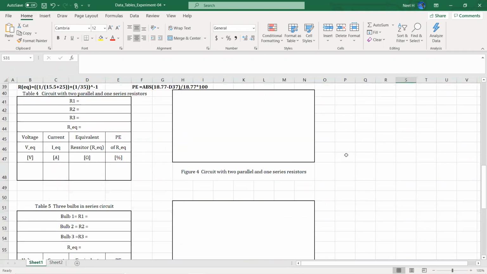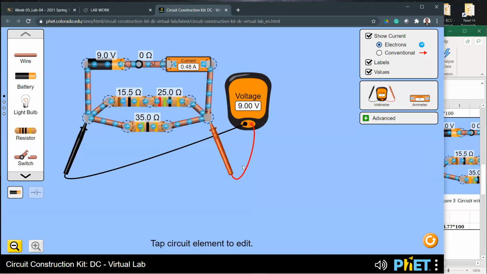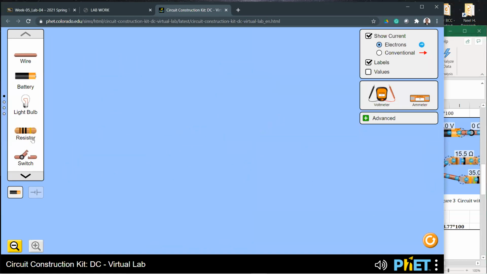All right, so let's build that circuit first. To do that, let's get rid of this circuit and build from scratch here. I'm going to bring resistor 1 right here, and then another resistor. Let's first put these two, R1 and R2, in parallel to each other, like this.